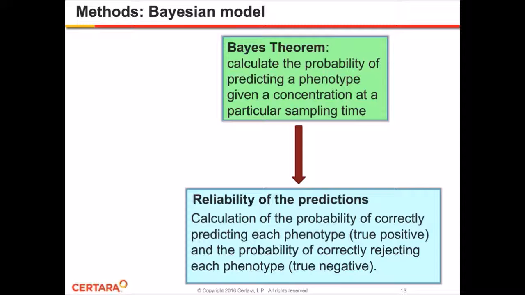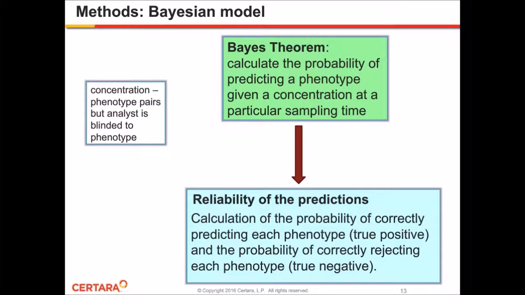And in order to check the reliability, we used clinically observed pairs of concentration and phenotype. So Teresa, who was doing the analysis, was blinded to the phenotype. She was given the concentration and asked to test them in the Bayesian model. And the purpose of this was to calculate the probability of correctly predicting a phenotype, in other words, a true positive, as well as the probability of correctly rejecting each phenotype. So in other words, a true negative.